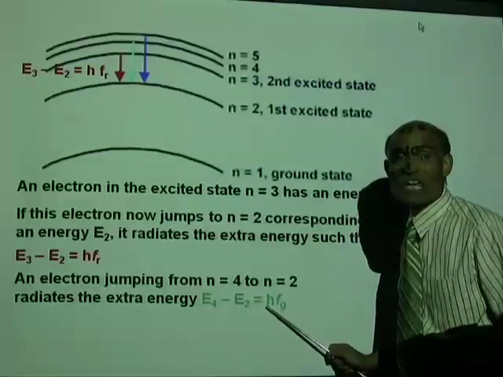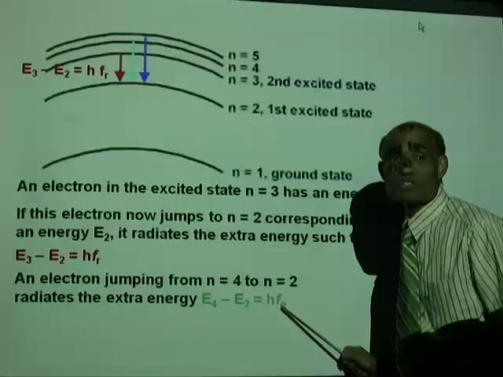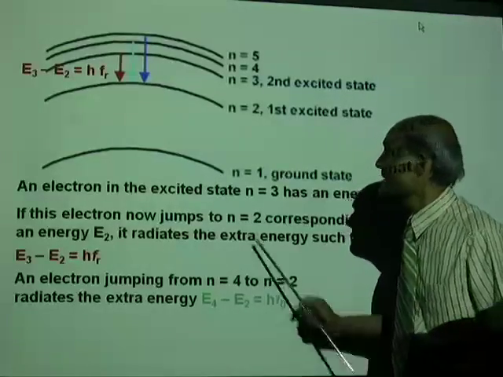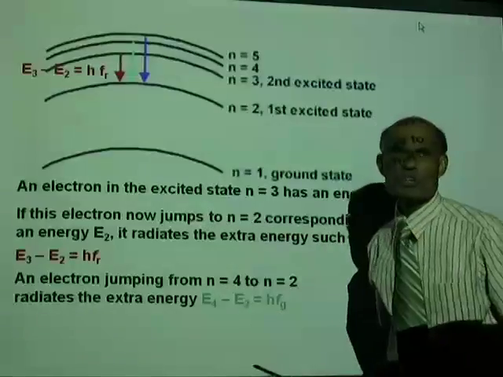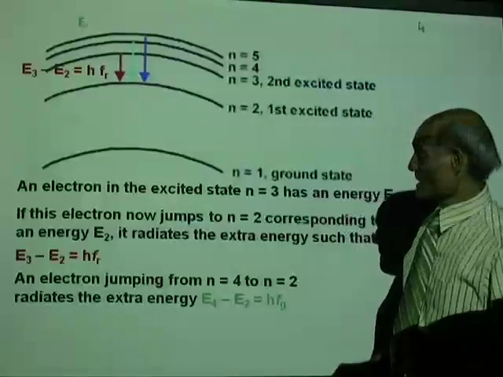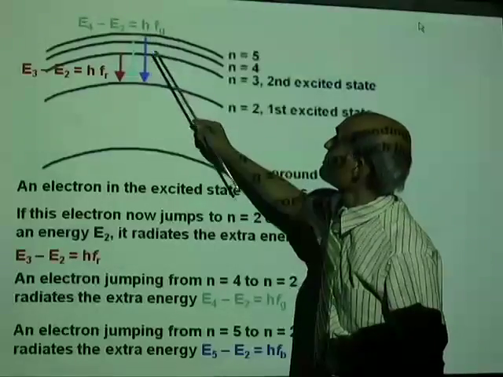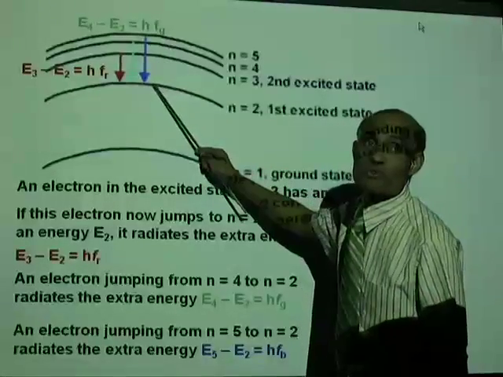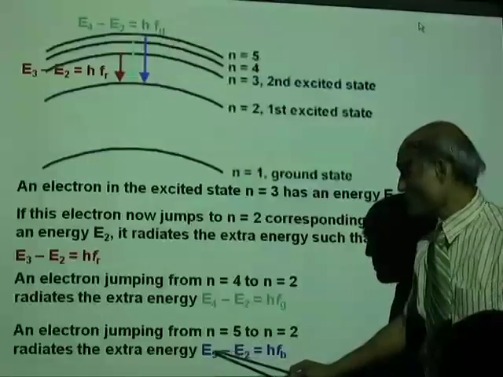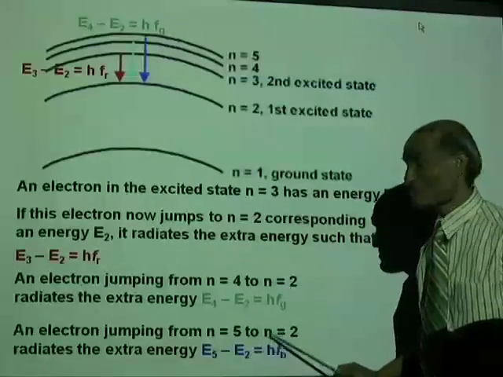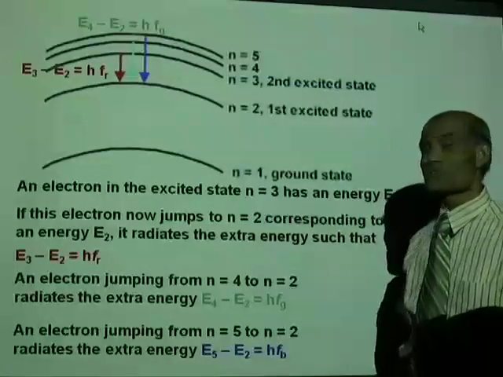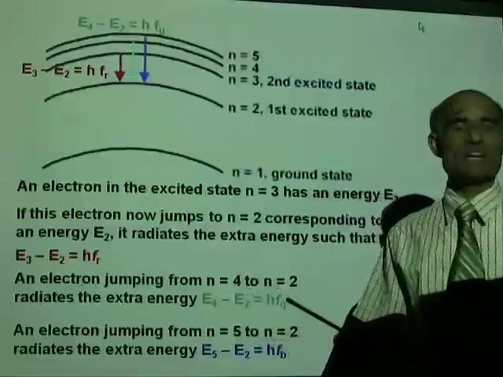And that will be h times the frequency of the green light. That is the green light. Doesn't look green, does it? Similarly, an electron jumping from n equal to 5 to n equal to 2 will give out energy E5 minus E2 equal to h times the frequency of the blue radiation.